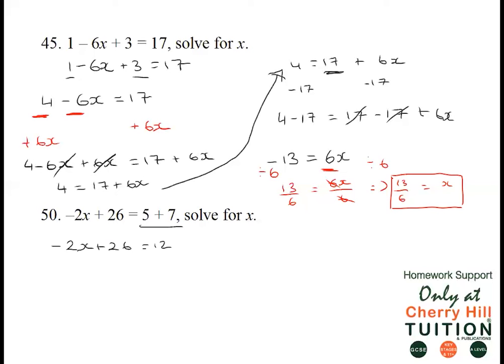So let's start by adding 2x to both sides. So we have minus 2x plus 2x plus 26 is equal to 12 plus 2x. This simplifies to 26 on the left-hand side because the minus 2x and the plus 2x cancel out, and 12 plus 2x on the right-hand side.